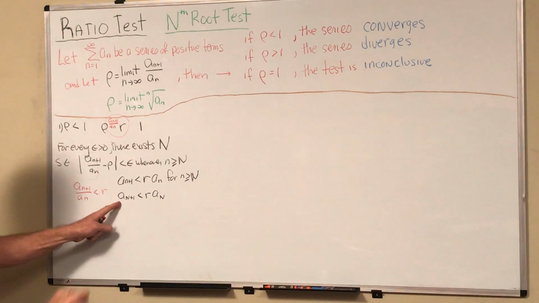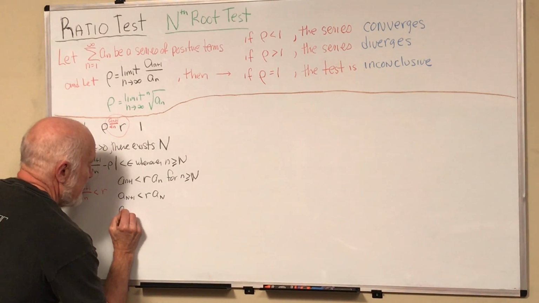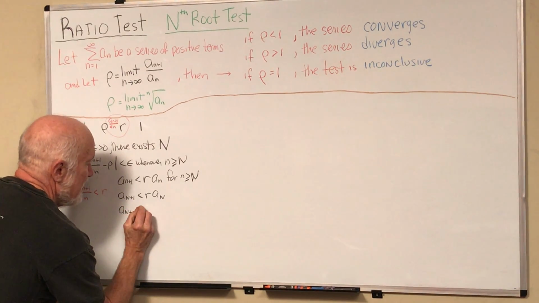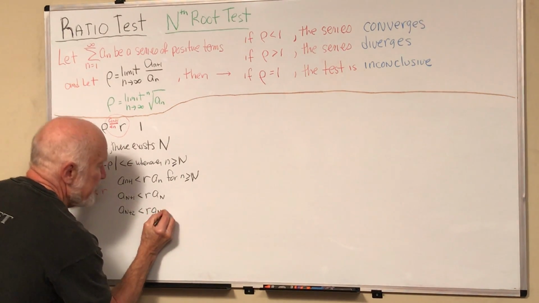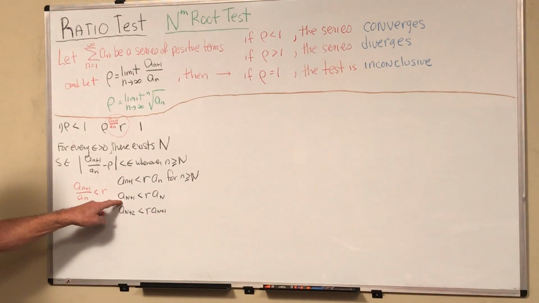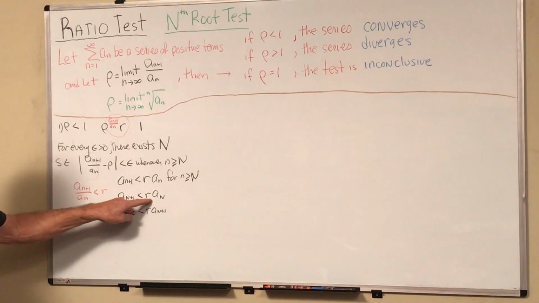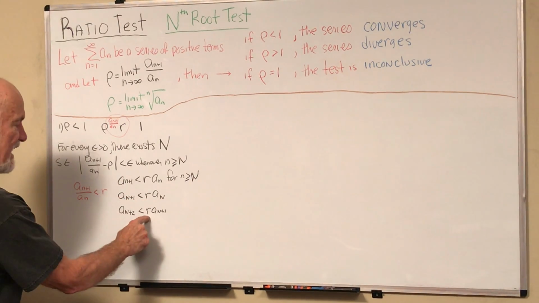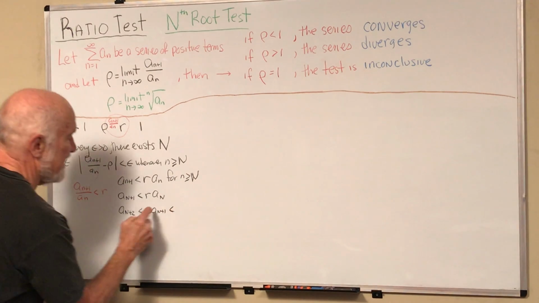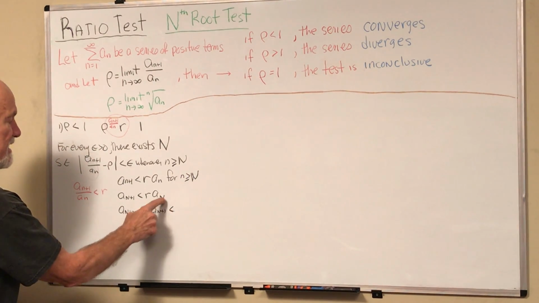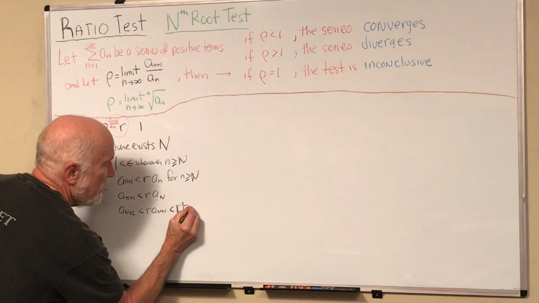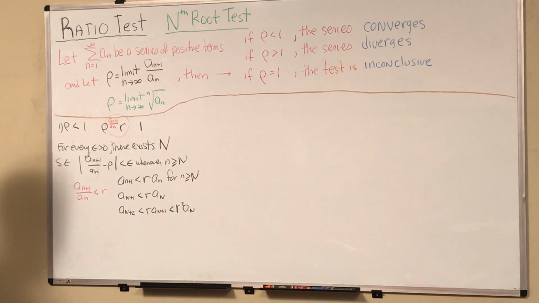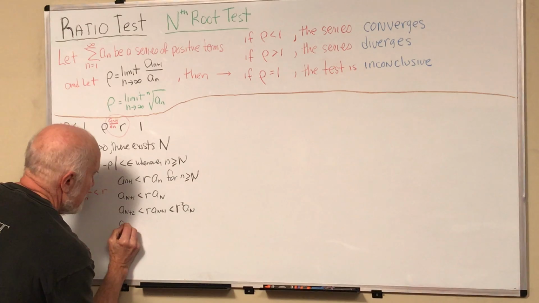And now I'm going to do it again. A sub N plus 2 is less than r a sub N plus 1. But since a sub N plus 1 is less than this, I can say which is less than r times this, or r squared a sub N. And then I can do it again.